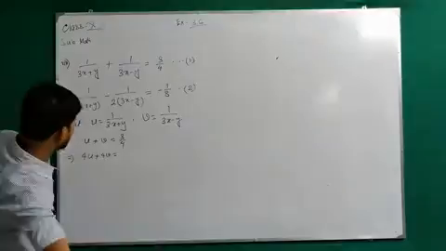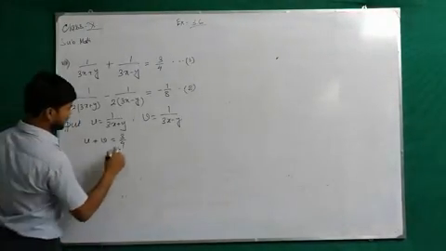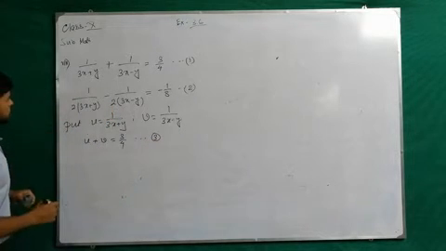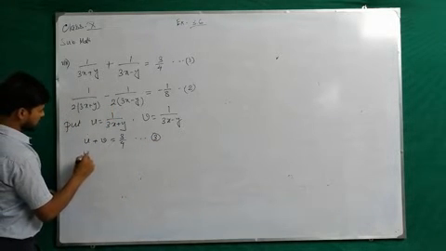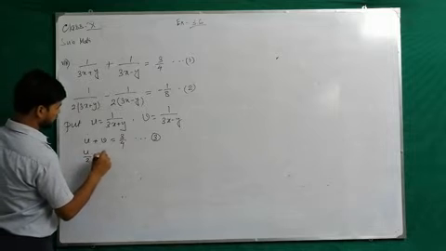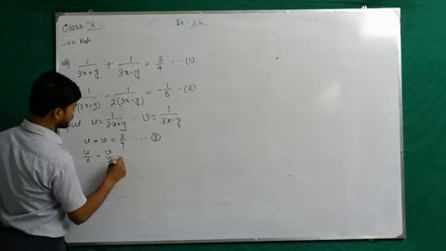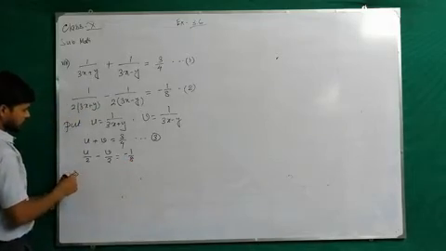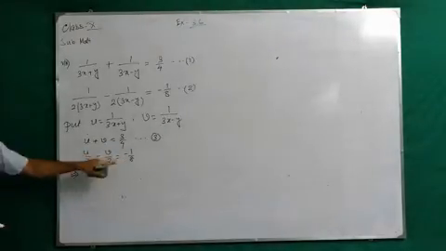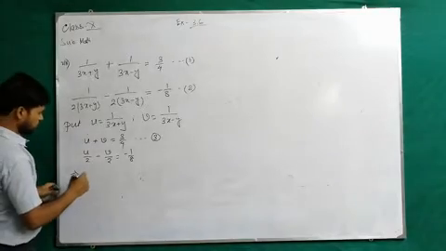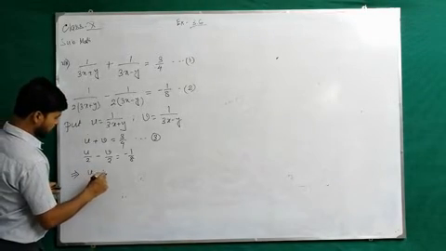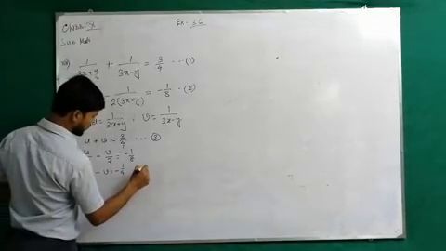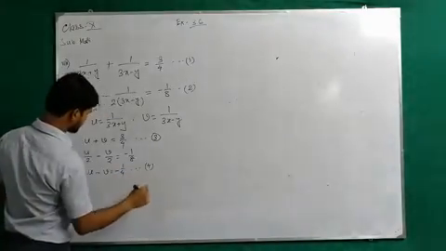This is our equation number 3. And the second equation will be converted into u by 2 minus v by 2 is equal to minus 1 by 8. That implies, now if I multiply this equation by 2, it will be u minus v is equal to minus 1 by 4. This is our fourth equation.